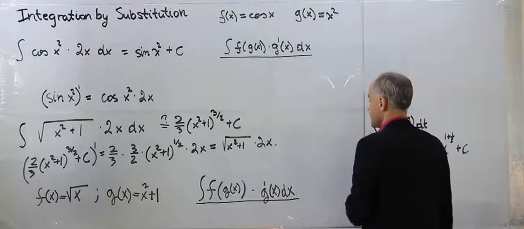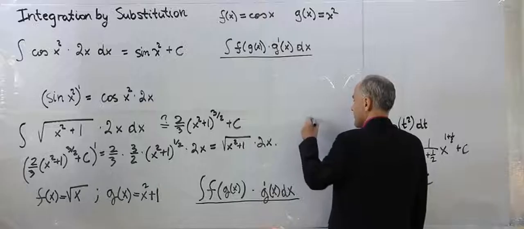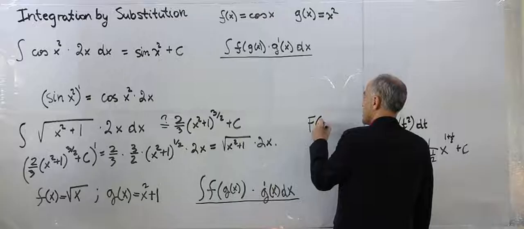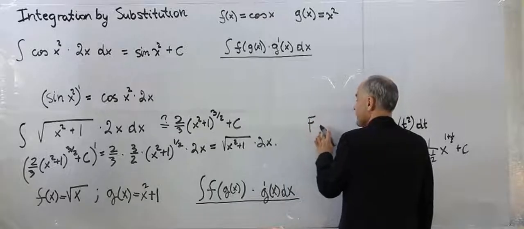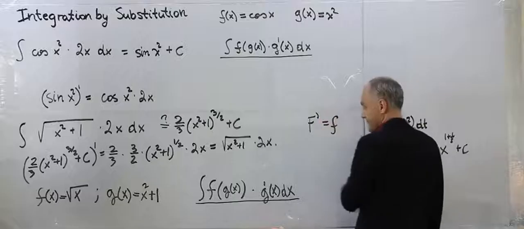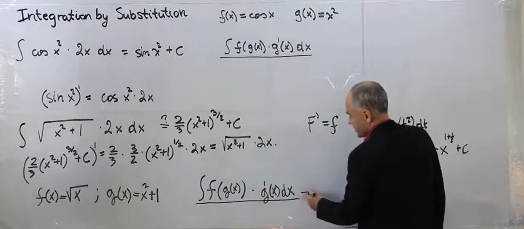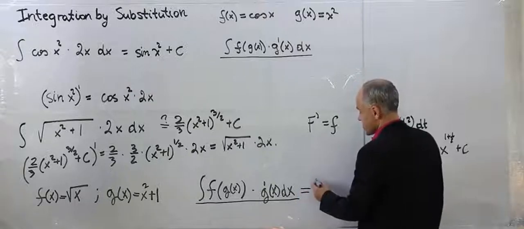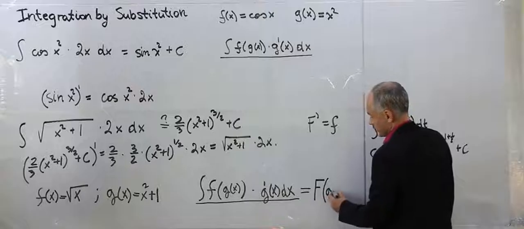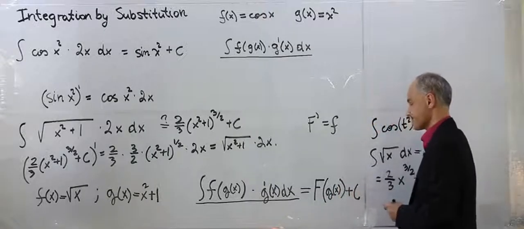So if I denote an antiderivative of f by, say, capital F, so in other words, capital F prime is equal to lowercase f, then I will show you that this integral is simply equal to capital F of g of x plus c.